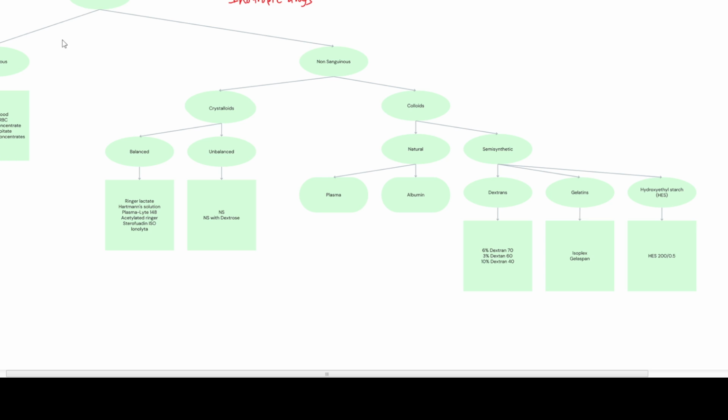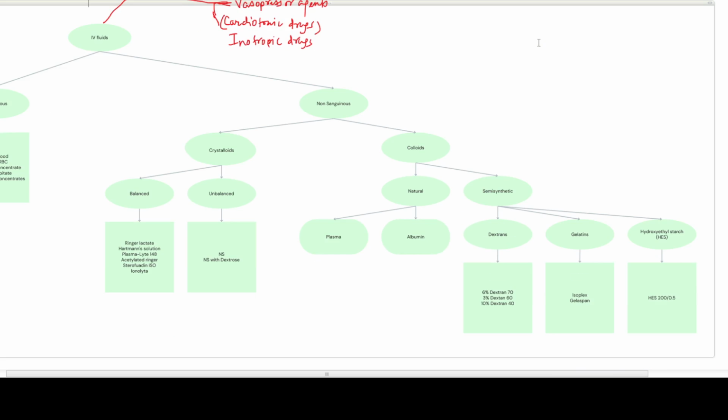So IV fluids, we said that shock could be due to the loss of blood or fluids, right? So if it's blood loss, we give blood, and if blood is not indicated, then we use the non-sanguineous IV fluids. Okay, so IV fluids can be classified as sanguineous and non-sanguineous. Sanguineous meaning blood or blood products.